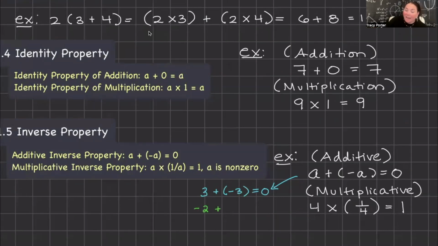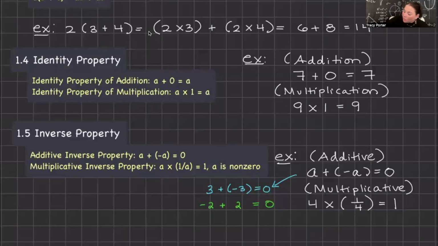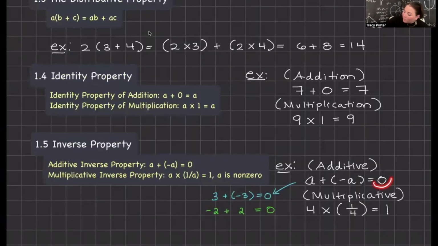Then you would have to add the opposite of -2, which would be +2, and that would give you 0. So if it's positive, the opposite would be negative. If it's already negative, the opposite would then be positive. That's how you would get back to the additive identity, by putting in the additive inverse. It'd be the opposite of the number.